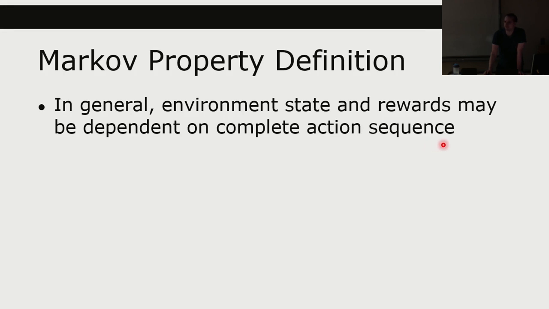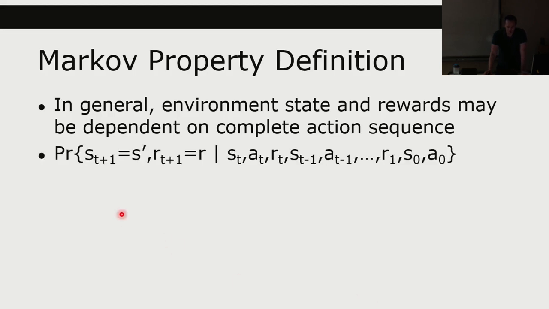For that League of Legends example, it was dependent on the complete action sequence. What that means is the probability of the next state being a particular state and the next reward being a particular reward depends on the entire state history so far.